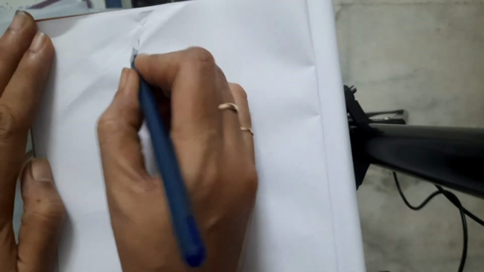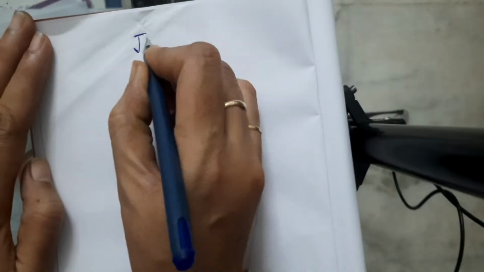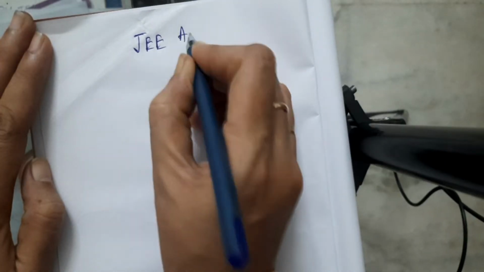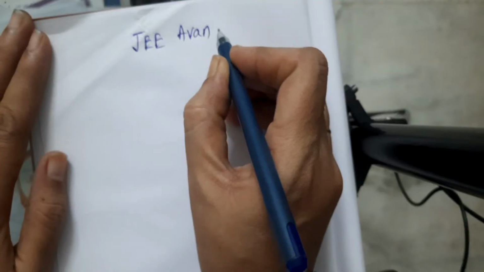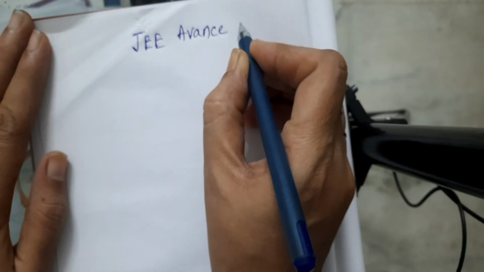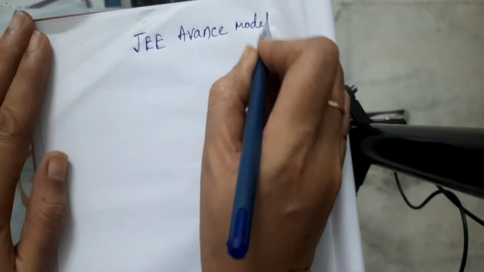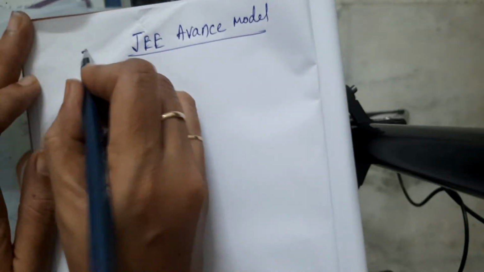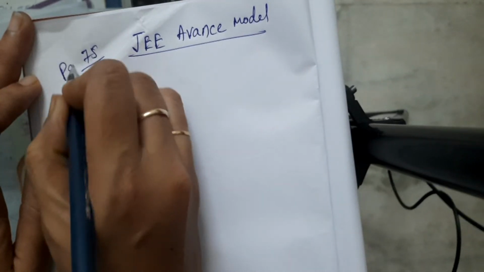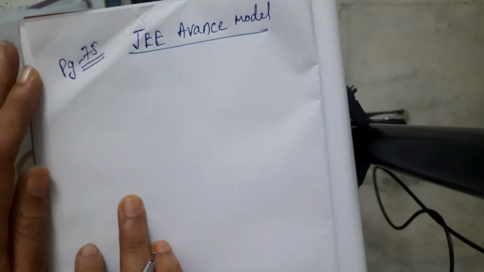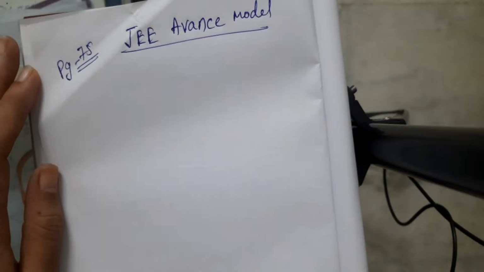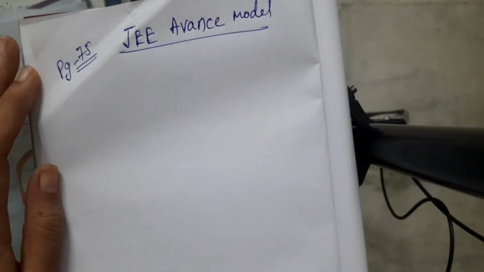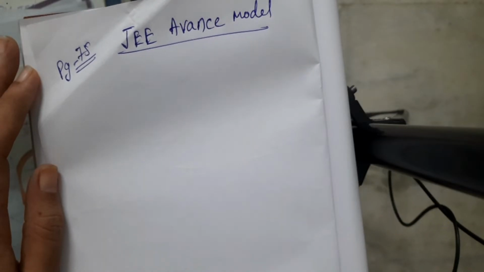This is the JEE Advanced model, page number 75. You can go through that page. Page number 75, JEE Advanced. Those who have the textbook can see that to follow along.